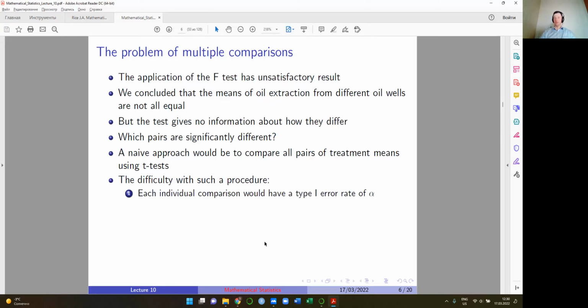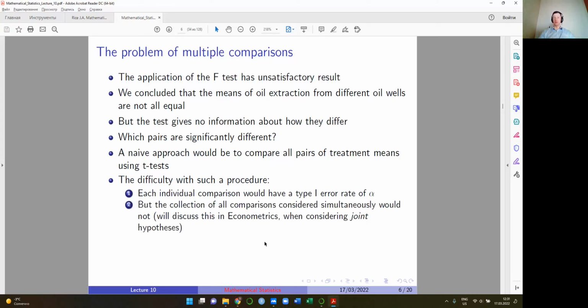Each individual comparison will have a type 1 error rate of alpha. That's okay. So we will apply alpha as the size of a critical region or as the size of a type 1 error. But the problem is that overall, because we are talking about related hypotheses, the collection of all these comparisons would not have the type 1 error equal to alpha.